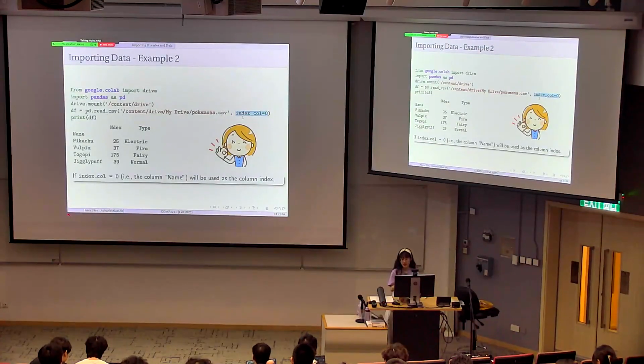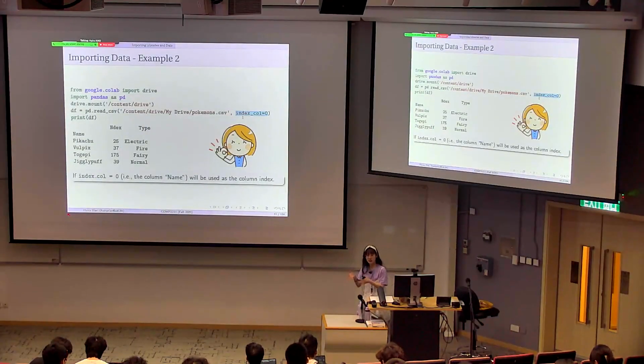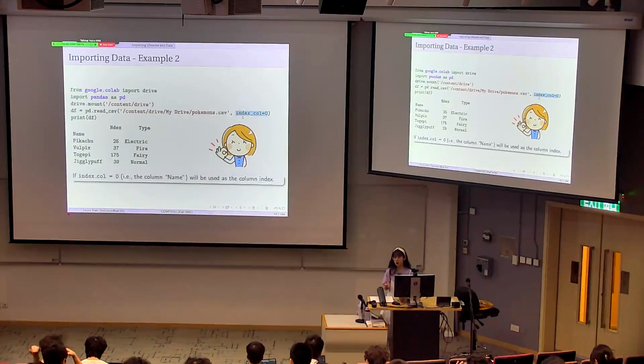Note that index column can accept false as its legal value, and it can accept some integer numbers. The integer numbers represent which column you want to use as the index. It can also accept string values. So you directly give the string value of the column name like this.